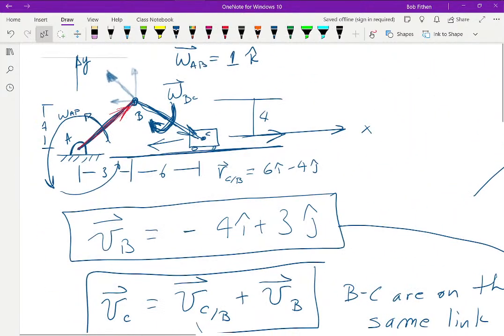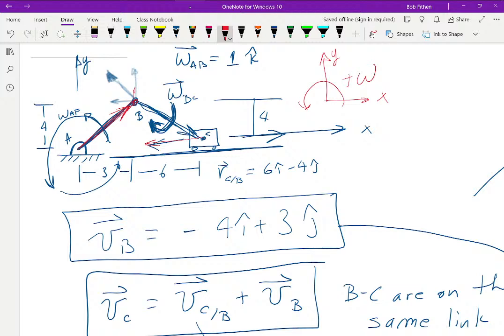If this is X and this is Y, this is a positive omega, positive rotation. And it turns out that in fact, if you were sitting on this link staring at C, C would be going to the left while this is going up. So it would be rotating in a negative direction.